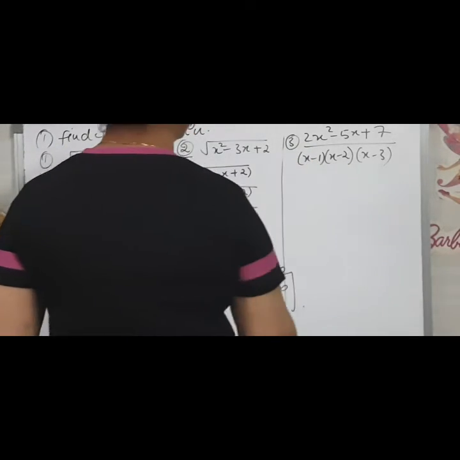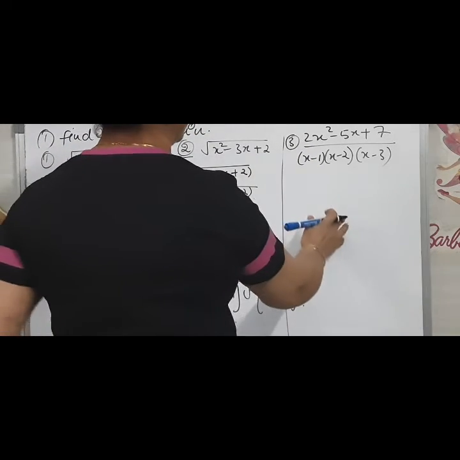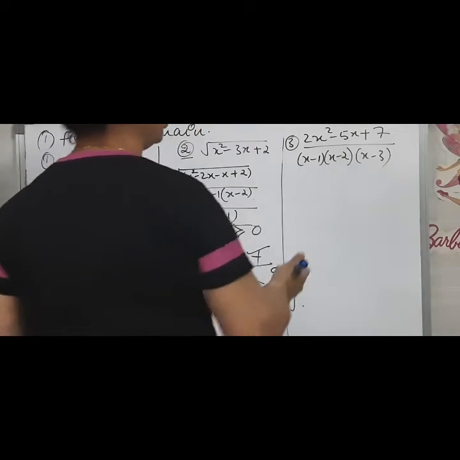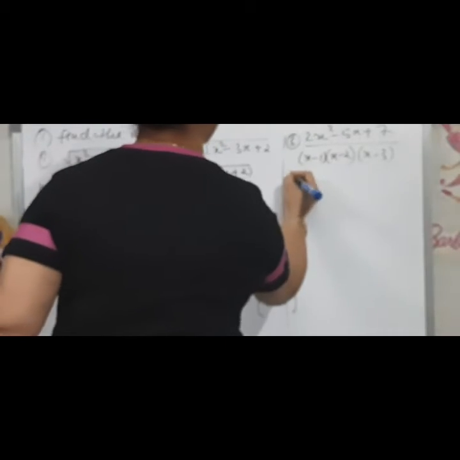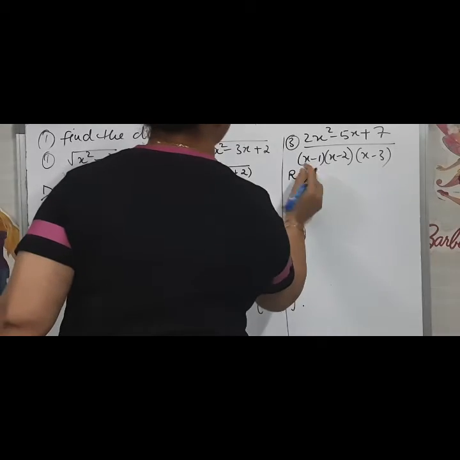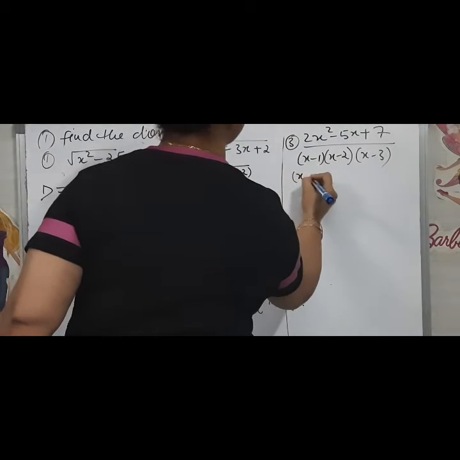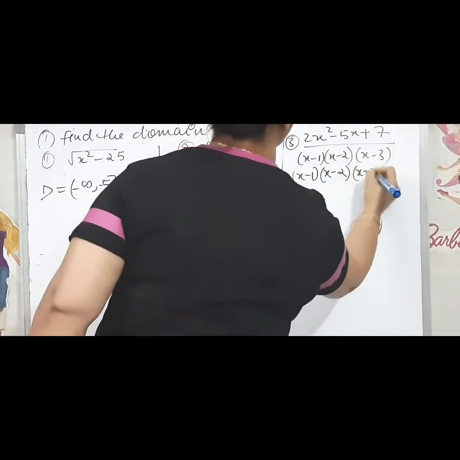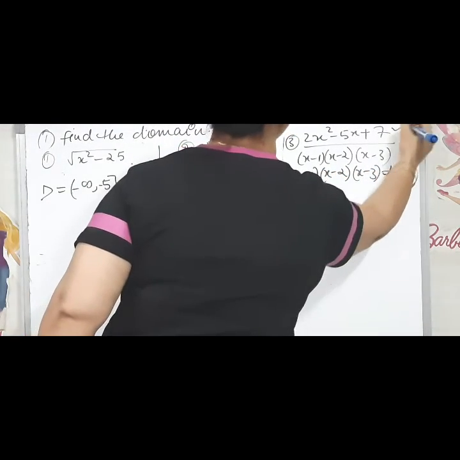Now the third question is like this. You need to always check the denominator if it comes in a p by q form. All the denominator's values shouldn't equal 0, because it won't satisfy our equation.